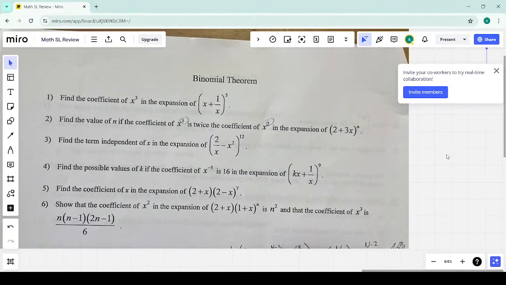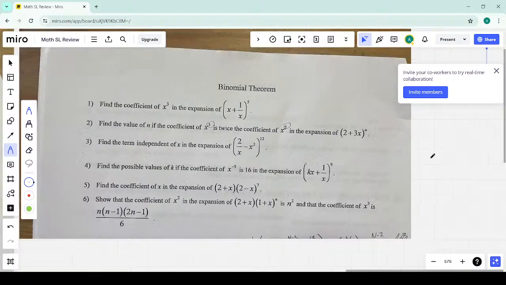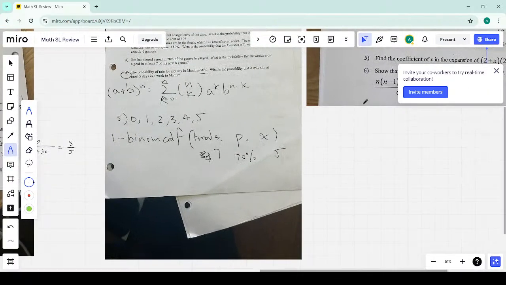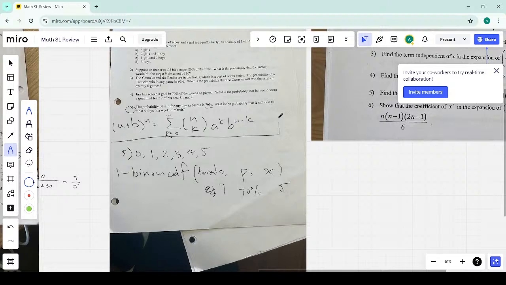First question says, find the coefficient of x cubed in the expansion of (x plus 1 over x) to the power of 5. Definitely very important is you have to remember this formula. Whether you understand it or not, you have to remember it.